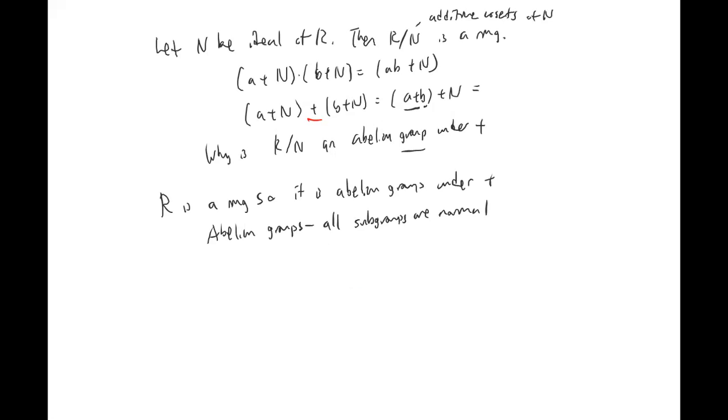And I know R is an abelian group under plus, so this is b plus a plus N, which is b plus N, a plus N by definition. Everyone clear on this? Okay.